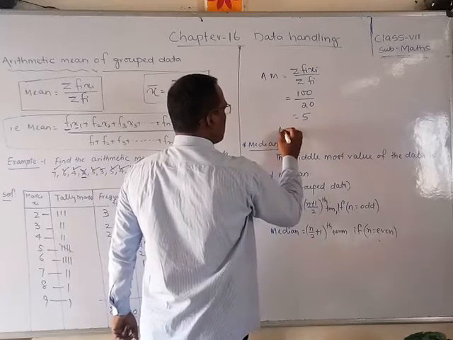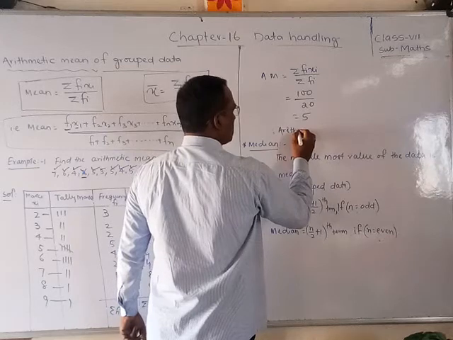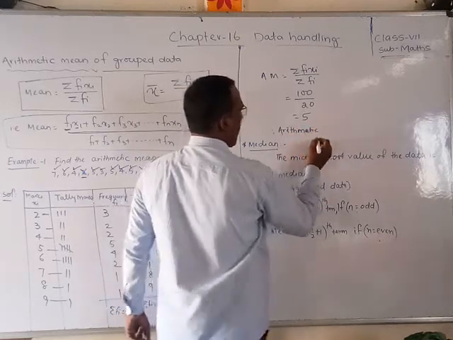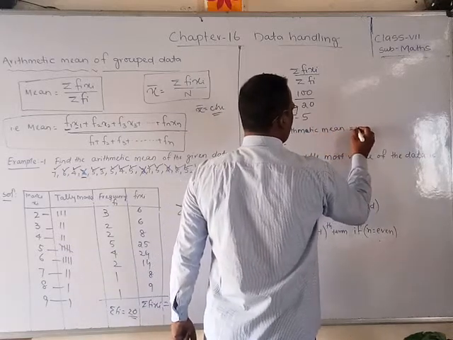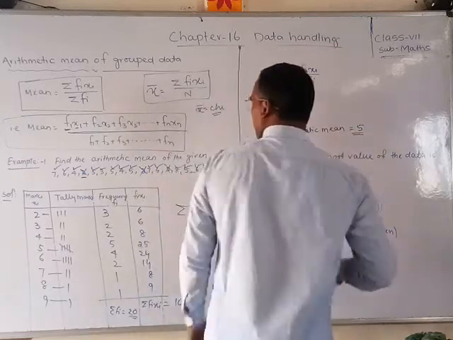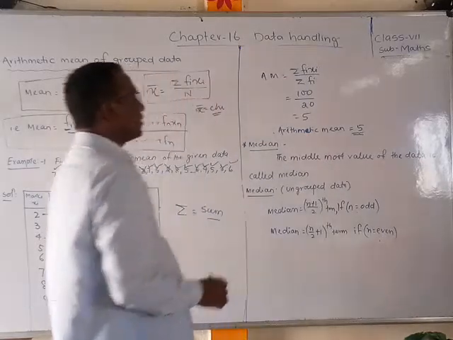Hence, arithmetic mean is equal to 5. Okay students, arithmetic mean is equal to 5.